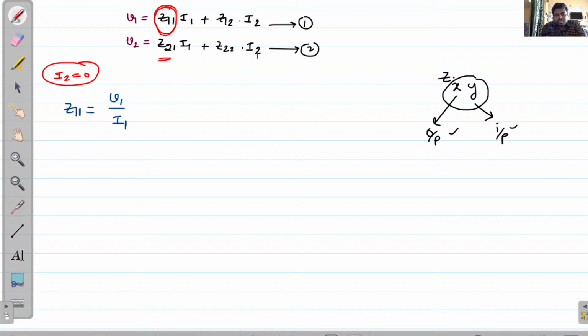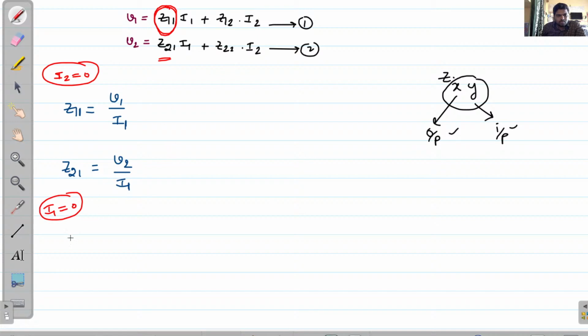If I look at the second equation, if I make I2 equal 0, I can evaluate z21 also. So z21 equals V2 by I1. This is clear. Now after that, I will go for I1 equals 0. If I make I1 equal to 0, I can evaluate z12 as well as z22.